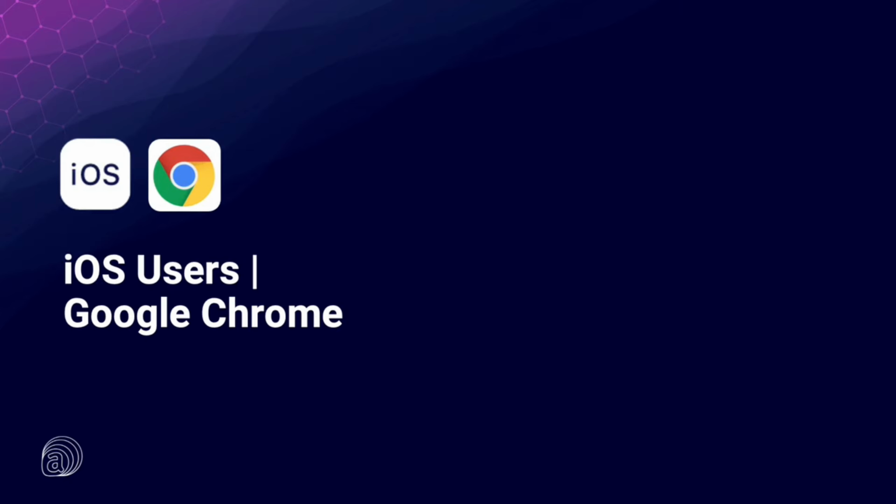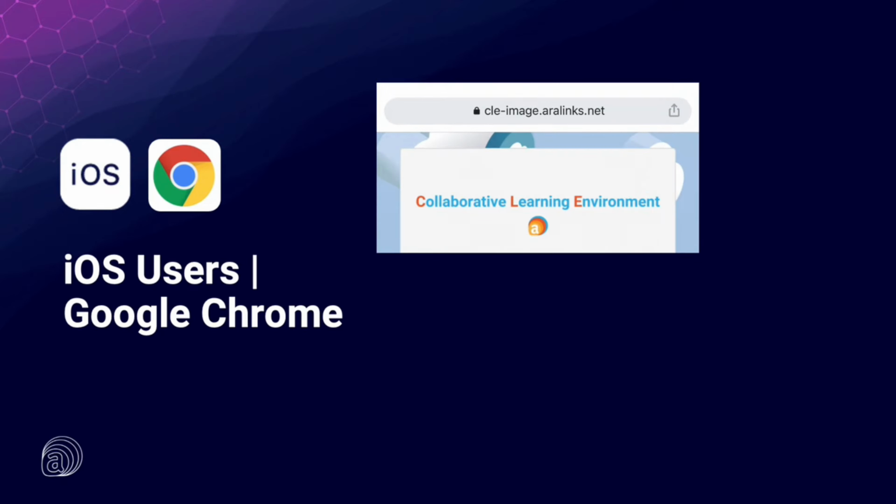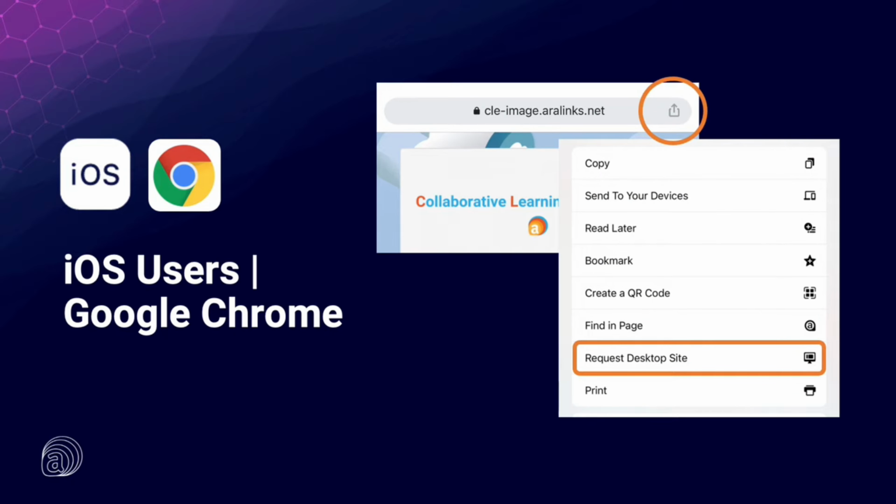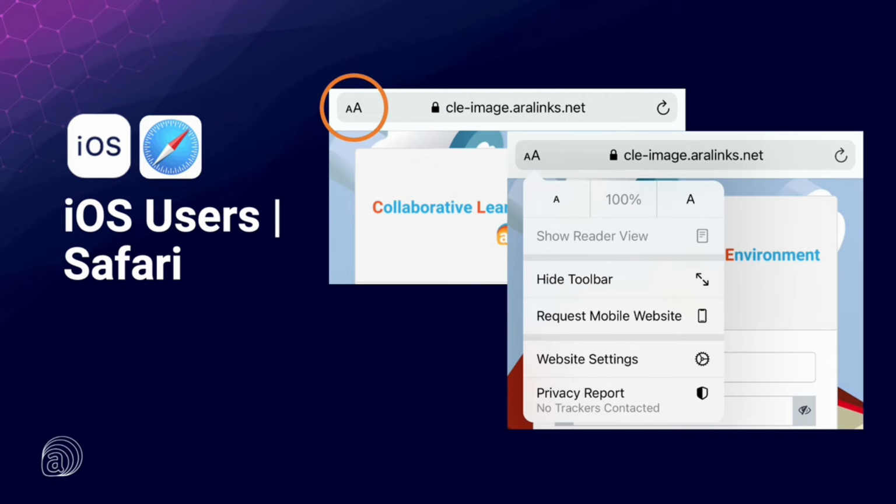For iOS users using Google Chrome, click the Share icon, then click Request Desktop Site. For iOS users using Safari, click the Settings icon, then select Request Mobile Site.